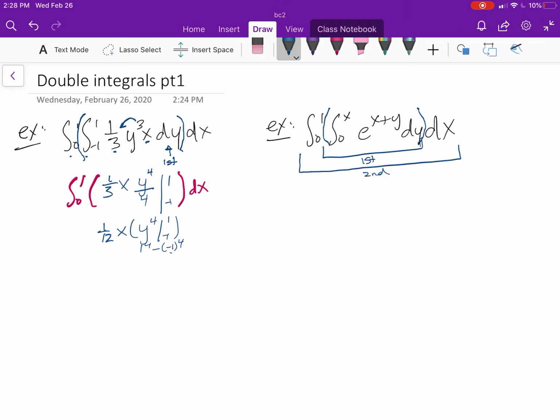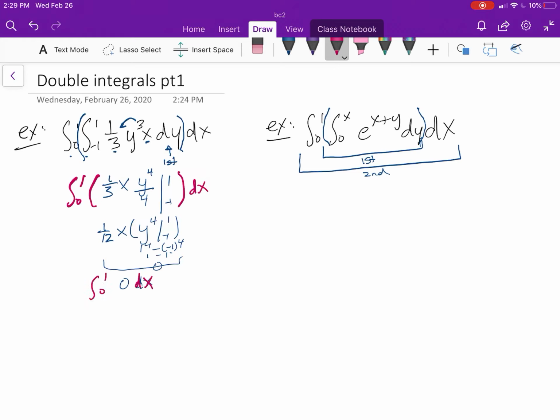So negative to the fourth is positive. So I'd have 1 minus 1, and that whole thing is 0. Okay. Well, 0 multiplied by all of this, right? I just have 0 here. 0 multiplied by anything is 0. So I have 0 dx.